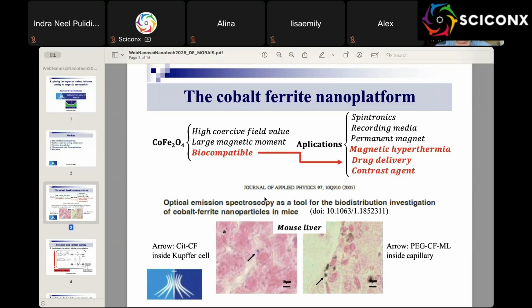That means the biocompatibility of cobalt ferrite nanoparticles using different coatings is very interesting, and that allows us to use this nanomaterial for many biomedical applications, like I mentioned before. Next slide, please.